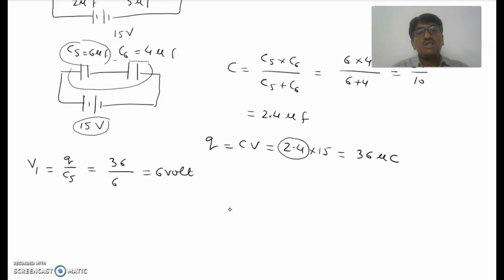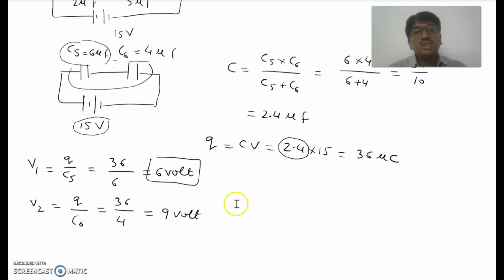Suppose V2 is the potential difference across C6. It is Q upon C6, with Q as 36 and C6 as 4, so it is 9 volt. So across C5 the potential difference is 6 volt, and across C6 it is 9 volt.